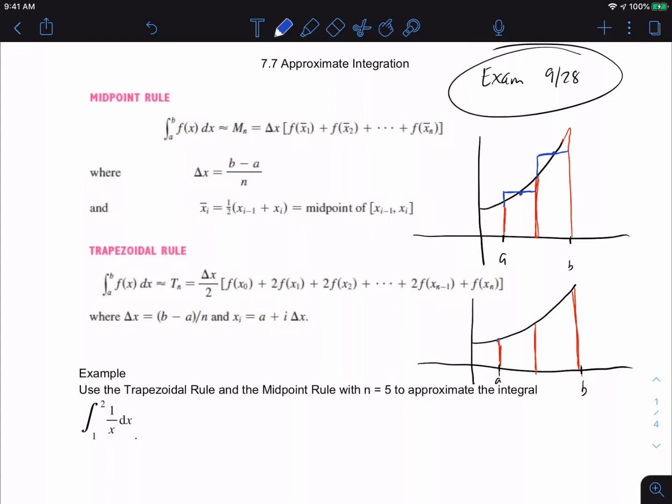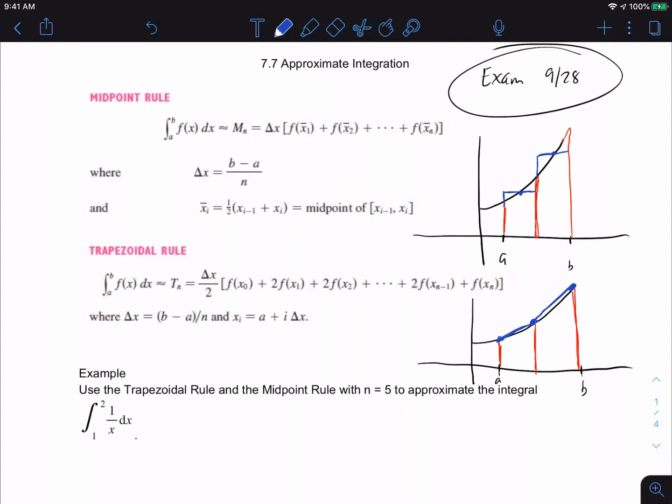So now I'm going to go from this point to this point with a straight line, and then from this point to this point with a straight line. And that's going to become my 2 trapezoids for this. Does that make sense? So that's the difference between the two.